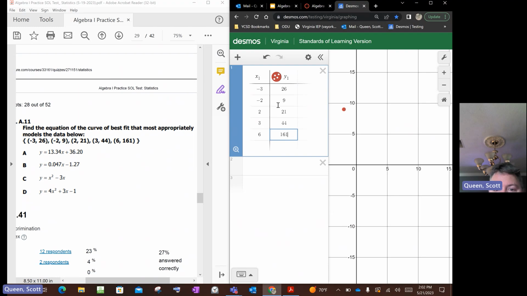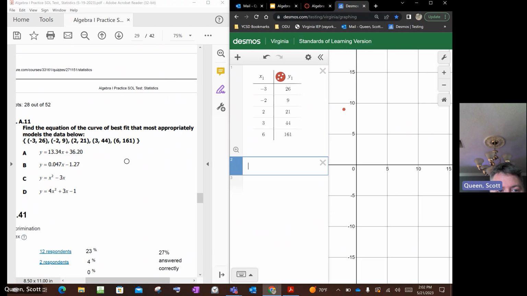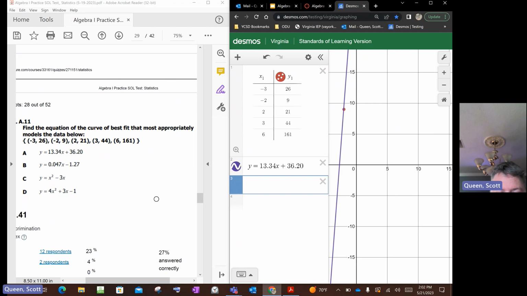All right, so next thing I'm going to do, start graphing these equations. All right, y equals 13.34x plus 36.20. All right, y equals, this is b, 0.047x minus 1.27.